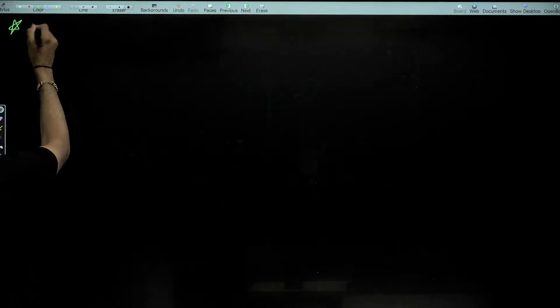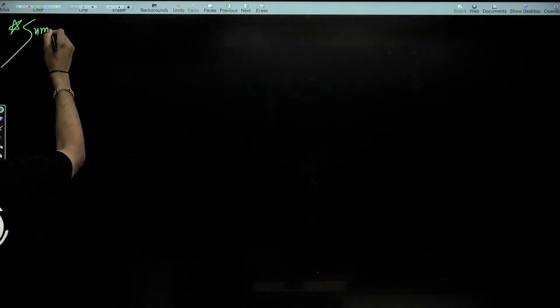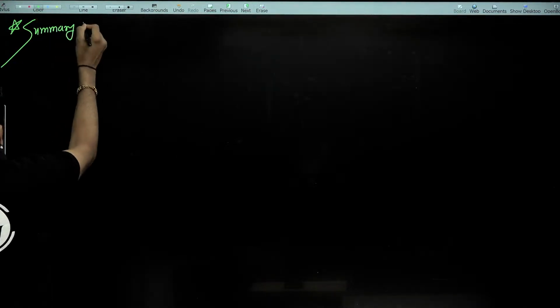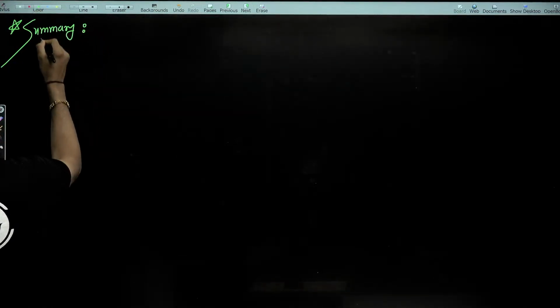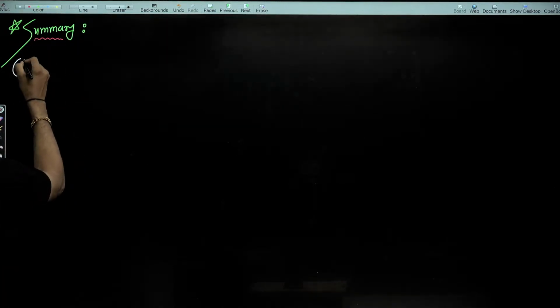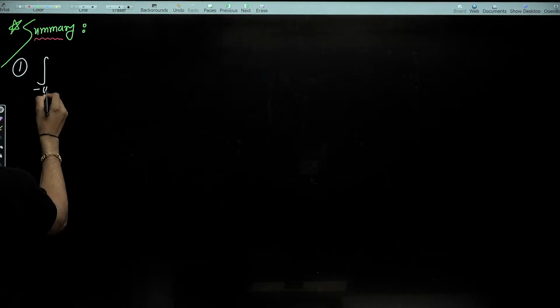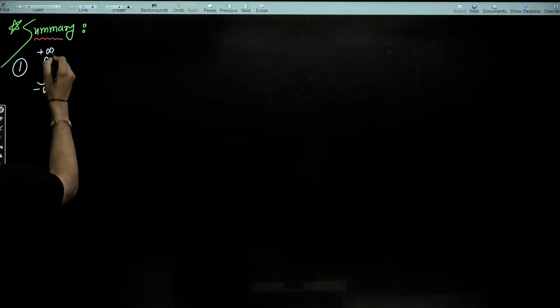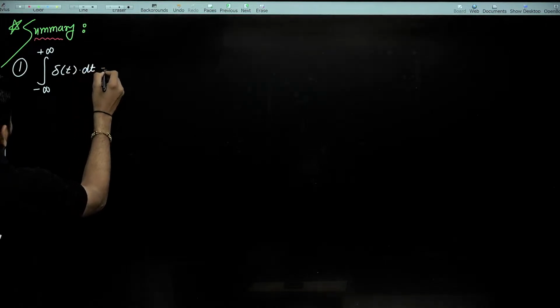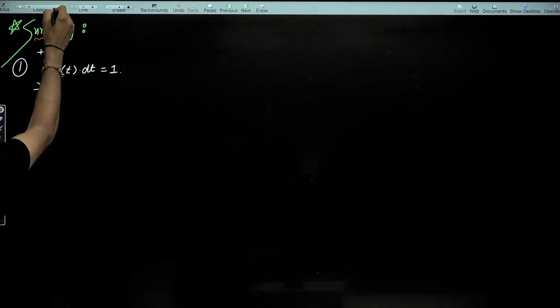Summary of all the properties. So first, guys, is the area property. The area under impulse is always 1.